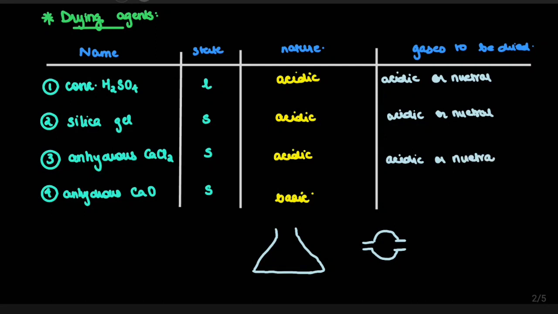Now, as for anhydrous calcium oxide, it's basic, so I can never pass an acidic gas through it. It will again react. So it will be either basic or neutral. These are a few things you need to remember.